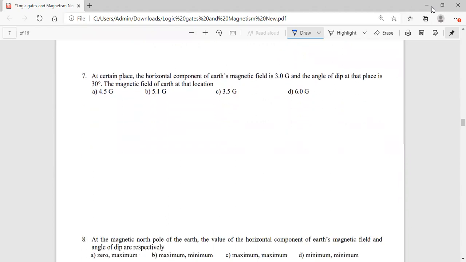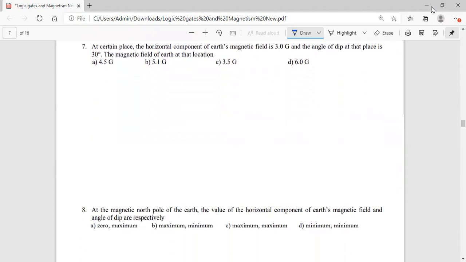Next, seventh one. At a certain place, the horizontal component of the Earth's magnetic field is 3 G. The angle of dip at the place is 30 degrees. Find the magnetic field of the Earth at that location. We should know the Earth elements.